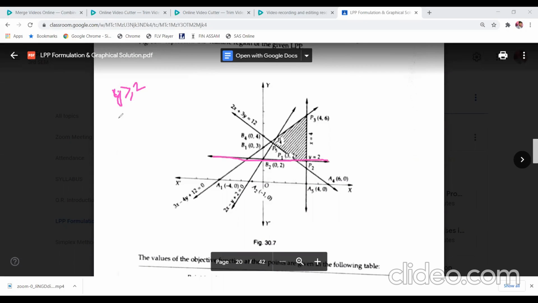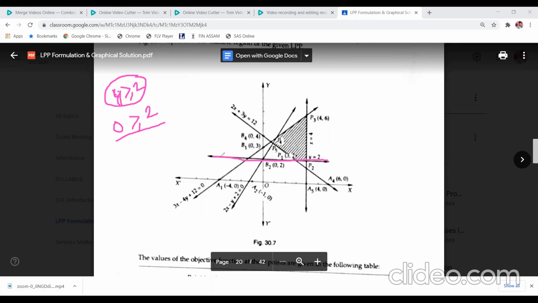Here, you have to check whether the origin lies in the solution region of this line or not. If you put x equal to 0 and y equal to 0, the left side will be 0, greater than or equal to 2. This statement is not correct, so the solution region of this will not contain the origin. So in that case, which part will be the solution region?